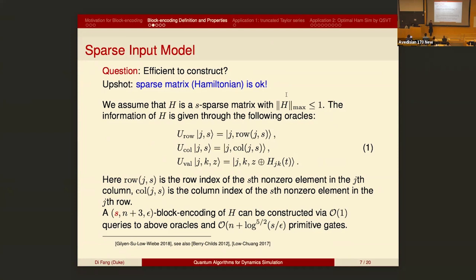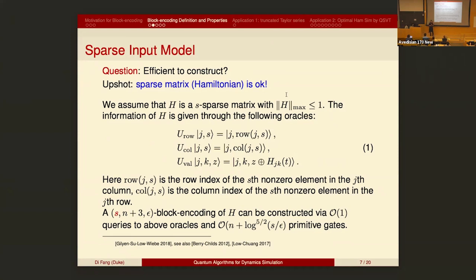So if you are dealing with local Hamiltonians or sparse Hamiltonians, which are the case for many physical systems anyway, you are fine. You don't need to worry too much. These are some references on how precisely to construct the block encoding, but I'm not going to dive into that detail.